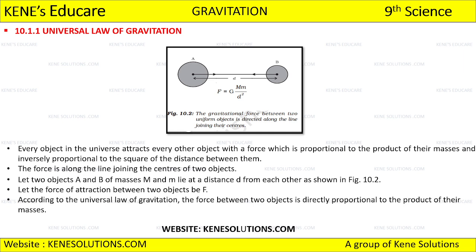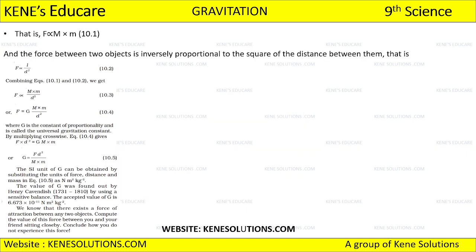Force is directly proportional to the product of masses and inversely proportional to the square of the distance between them, so it becomes d², and that is how we get the formula. Remember that capital G is known as the gravitational constant. So according to the universal law of gravitation, the force between two objects is directly proportional to the product of their masses and inversely proportional to the square of the distance between them.